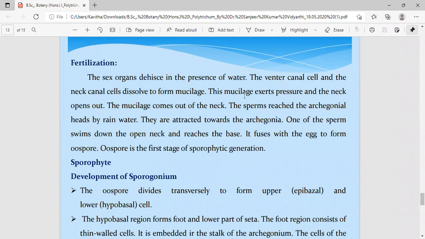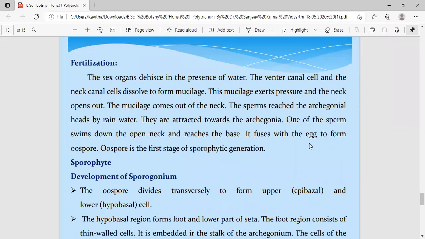So due to this, this is also a chemotactic attraction. This mucilage will come out of the archegonia, attracting the male gametes, which are the anthrozoids. So with the help of the rainwater, they swim in that water, and the male gametes reach the neck region of the archegonia, and one of the anthrozoids swims down the neck and reaches the venter.